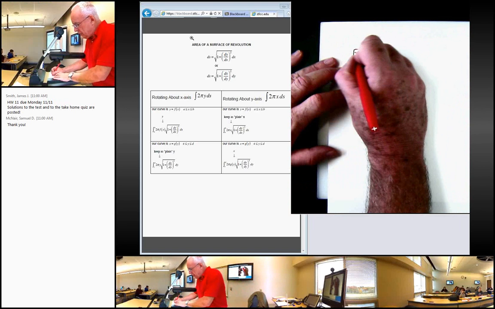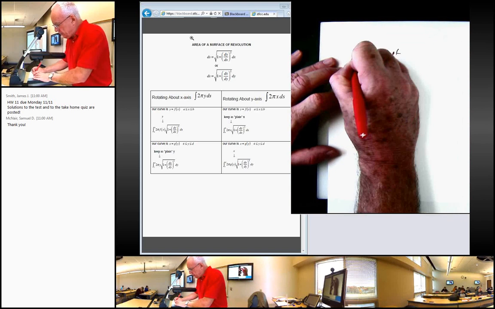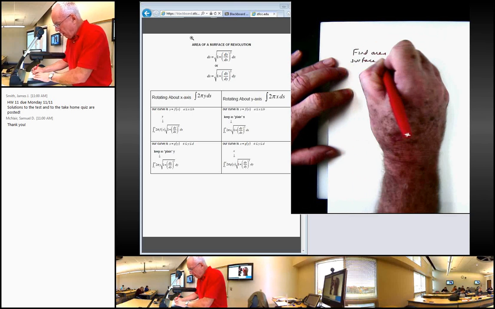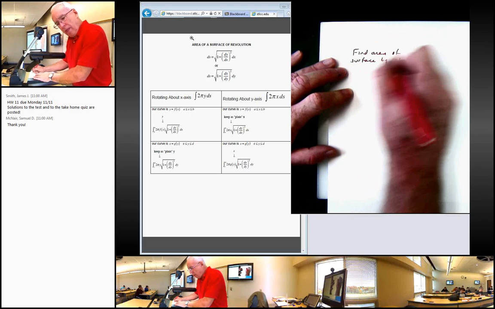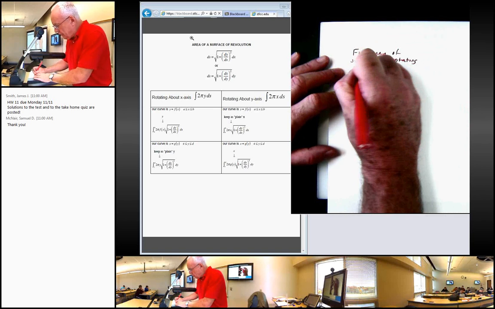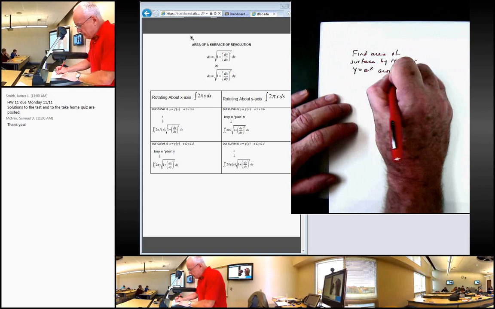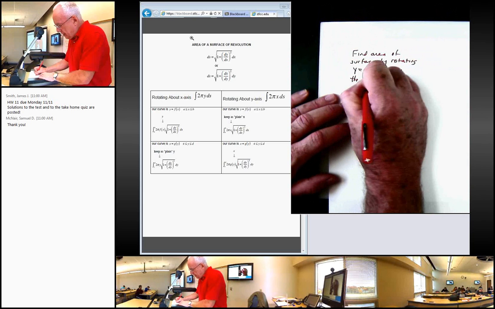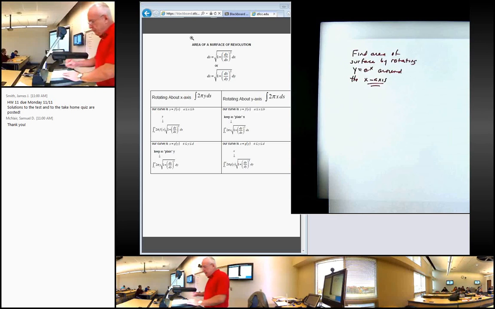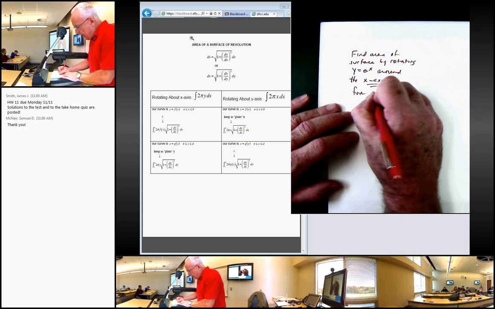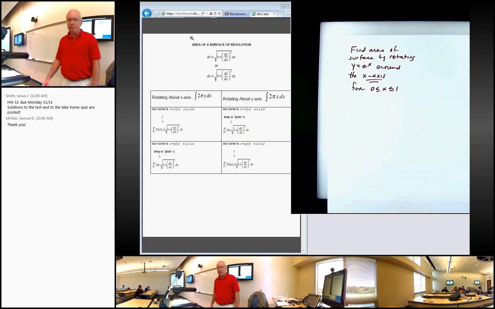Here we're finding the area of this surface by rotating y equal e to the x power around the x-axis, so I'm going to underline that. And that's for x between 0 and 1, like that.